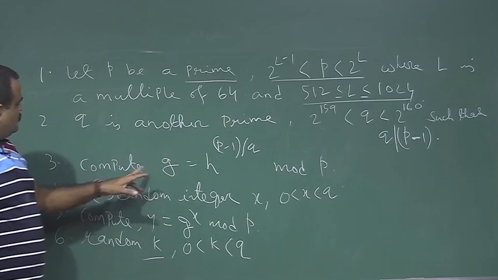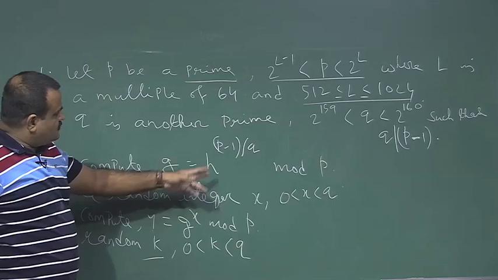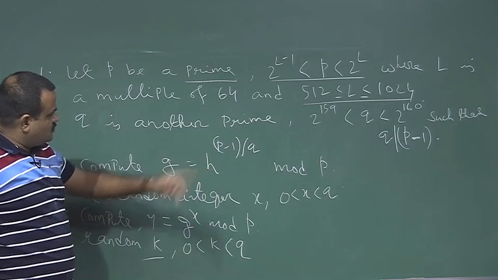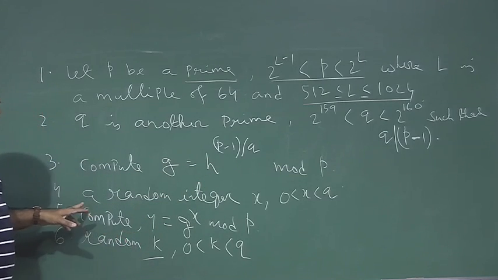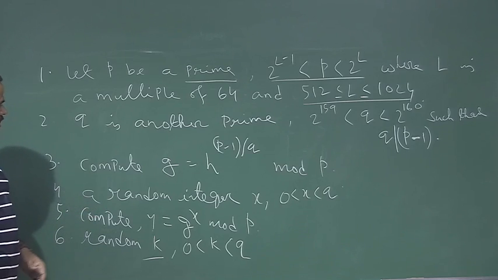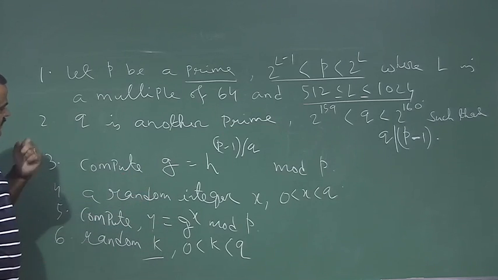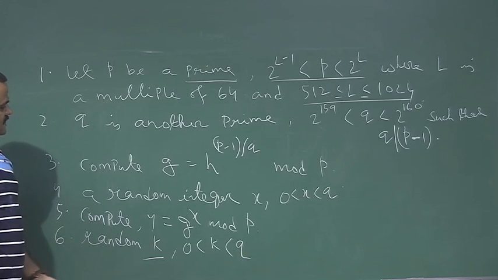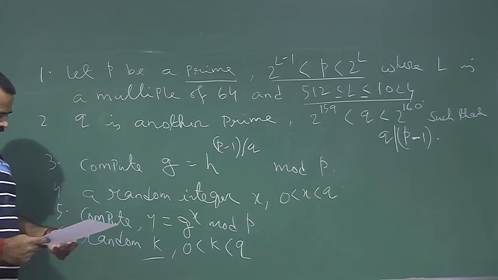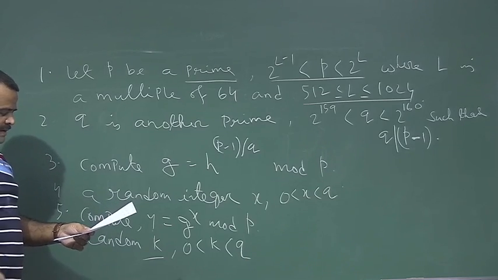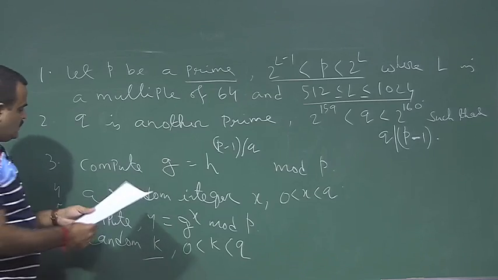So, we compute g from an h less than q minus 1 mod p, then we choose a random integer x. x is the private key of an individual and y is the public key of an individual, and the remaining we can make public.